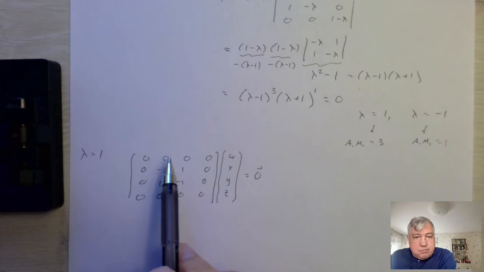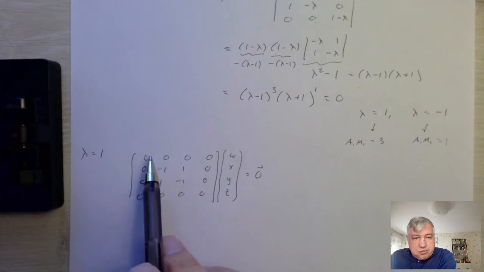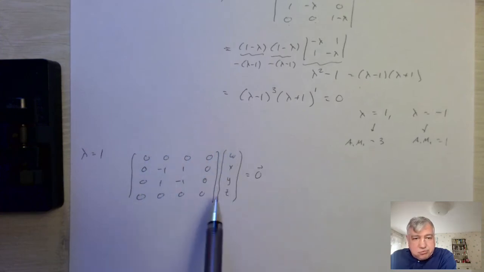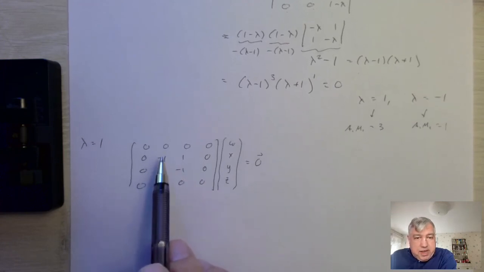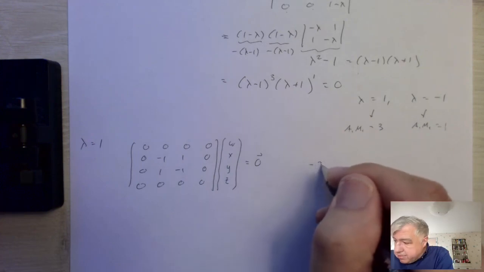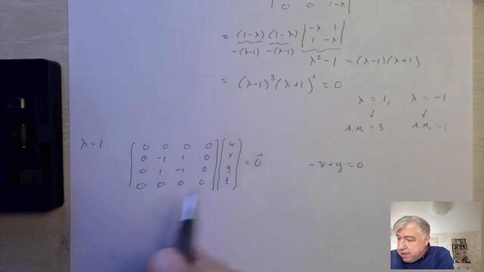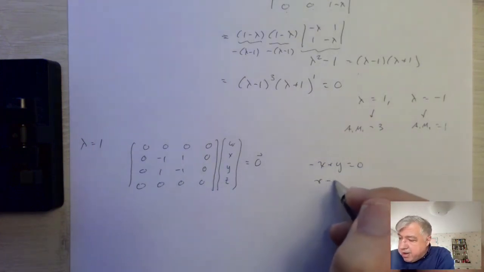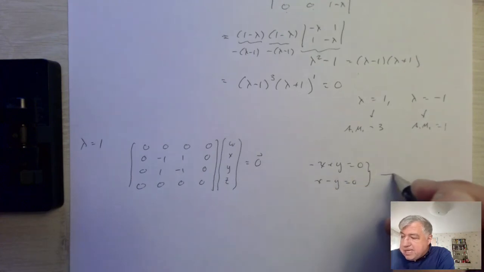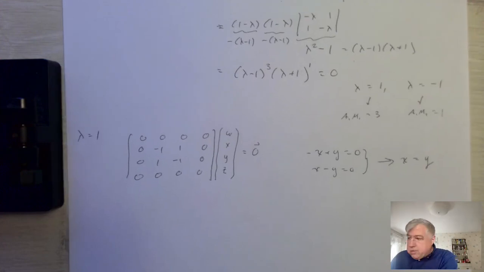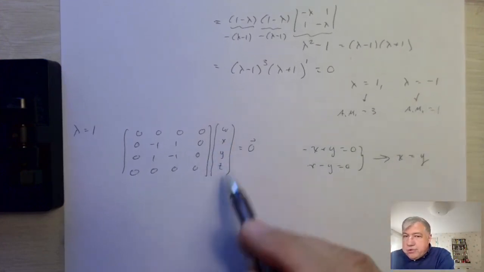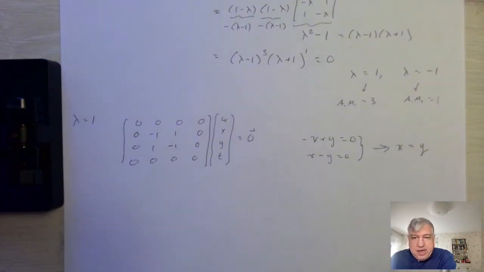You get the 4 equations. The first one will be 0 equals 0, the last one will be 0 equals 0, the second one will be negative x plus y equals 0, and the third one says x minus y equals 0. So these basically say the same thing, that x equals y. The other two variables can be anything we want as long as x is equal to y.